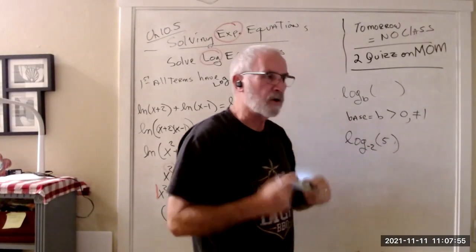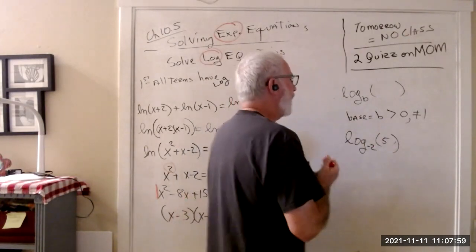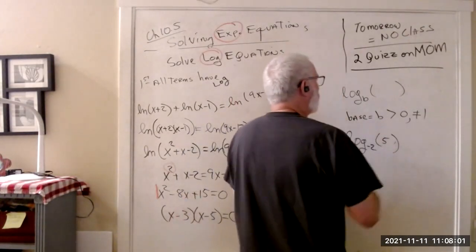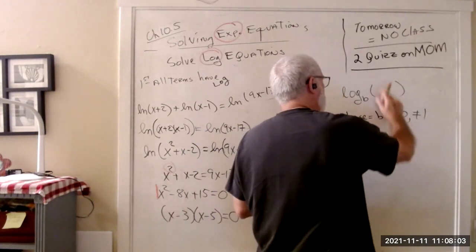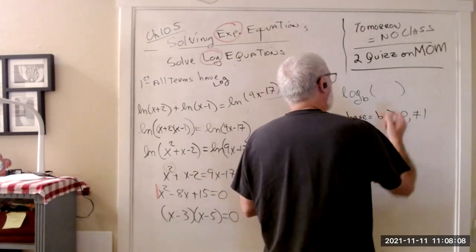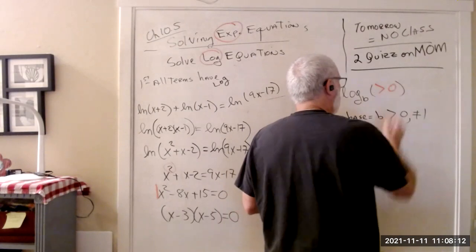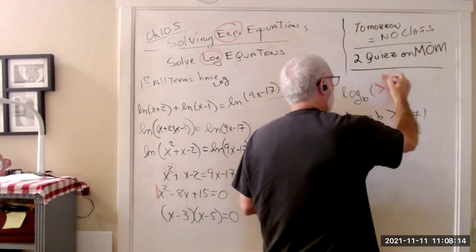However, there's another one that you do have to use, and that is inside this quantity. Inside this quantity, it must always be greater than 0. Basically, it must be positive.